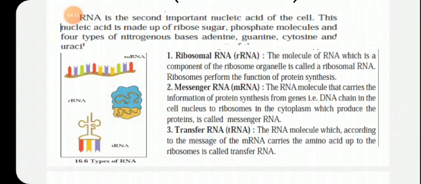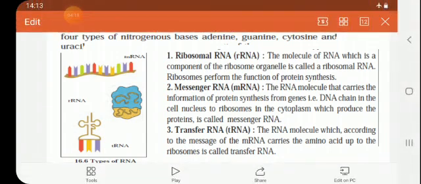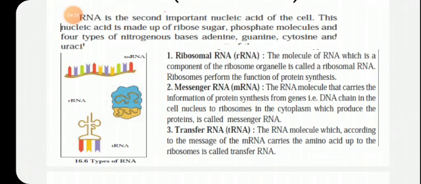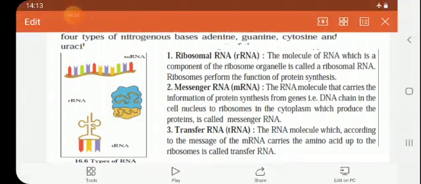Second is messenger RNA. Here the RNA molecule, ribonucleic acid molecule, carries the information of protein synthesis. The message of the protein that is synthesized is carried by the messenger RNA to the ribosome in the cytoplasm. Are you clear now?